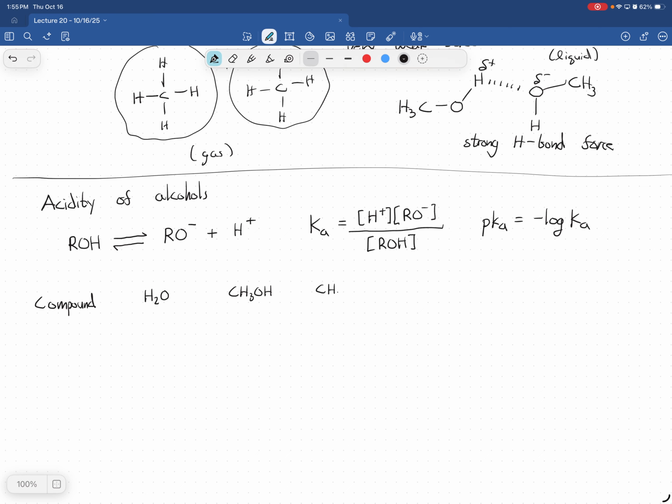You have to consider water as your reactant versus your solvent. Okay? So for our purposes, just take what I say here as the fact. All right, secondary alcohol. Then we have tertiary.